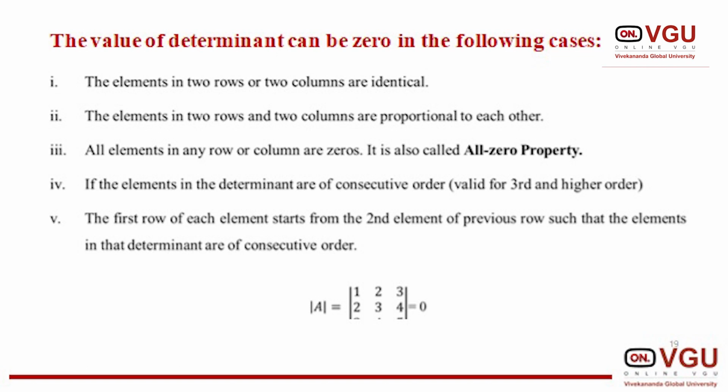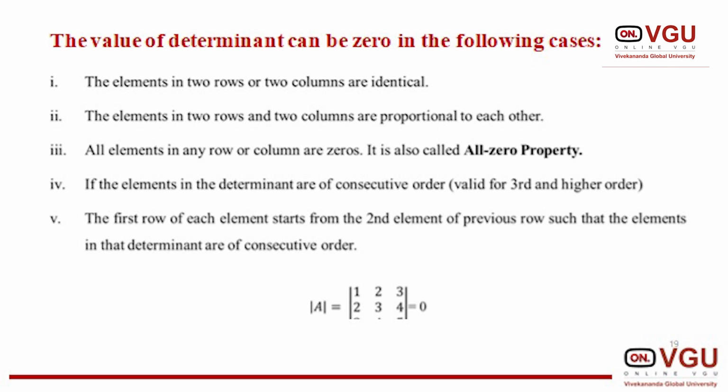If the determinant of any square element is 0, then it may be that all the elements of any column or all the elements of any row are 0. The first property I told: if we have all 0 elements in a row or in a column, then the resultant determinant will be 0.